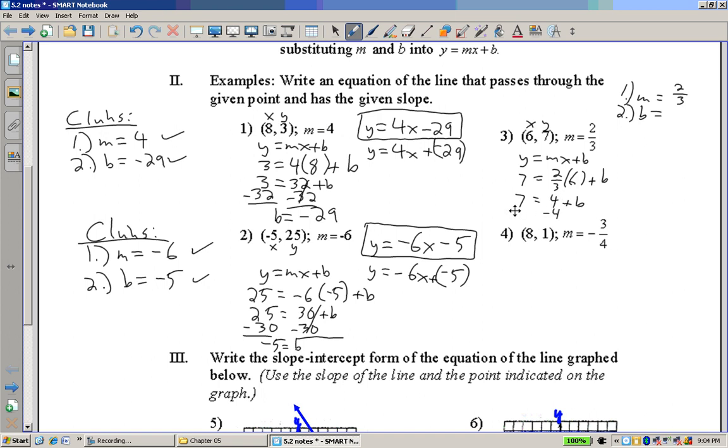And subtract 4. B equals 3. Now I have my slope. Now I have my y-intercept, and I can simply plug it in. Y equals 2/3 x plus 3. I have my two clues.